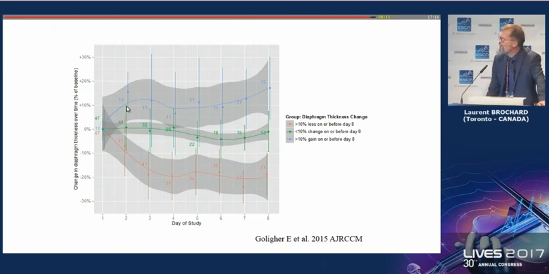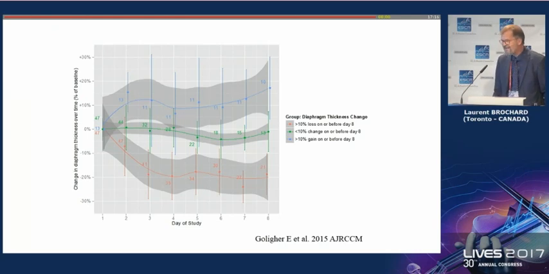And then there was another group of 15-20% of patients who increased their thickness, which was surprising. So we said maybe these patients are developing new muscles. But we don't think it's new muscles. We think it's probably injury and edema in the muscle.